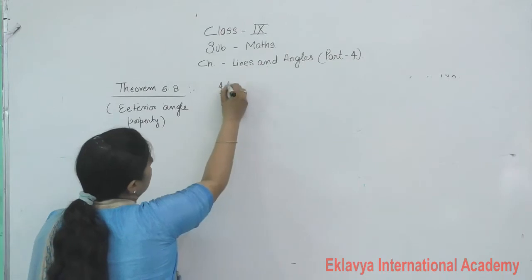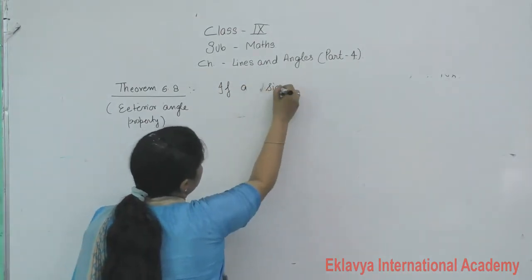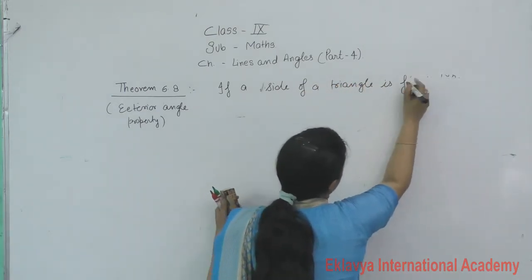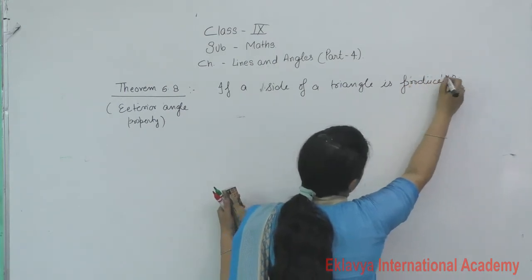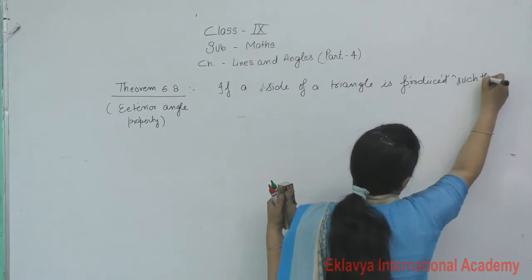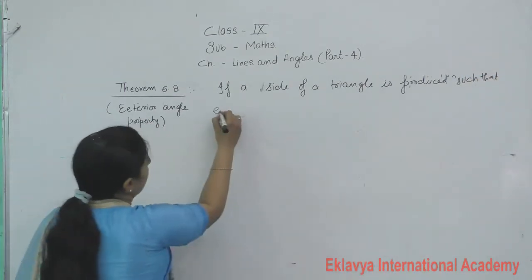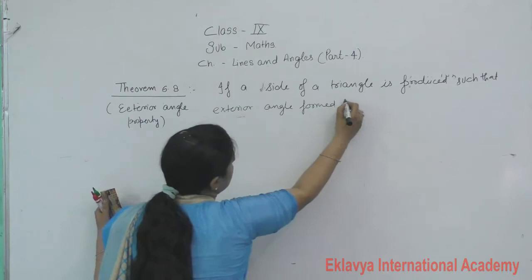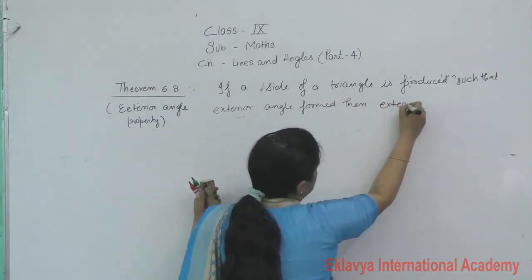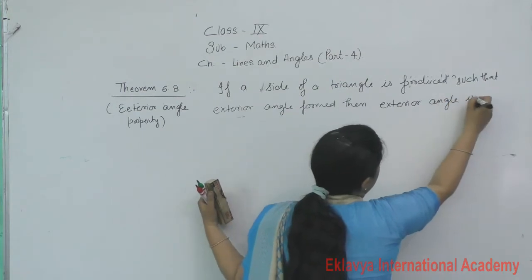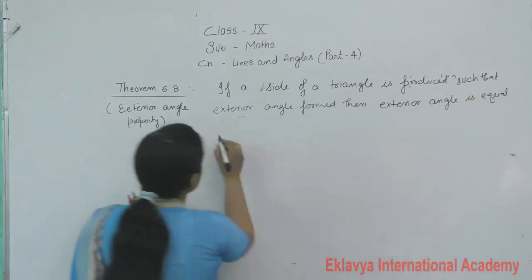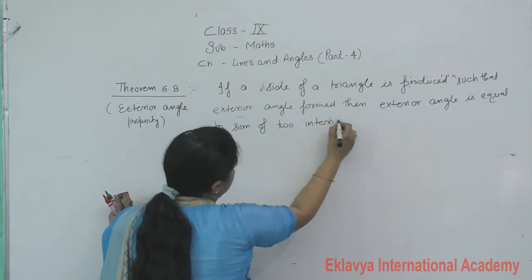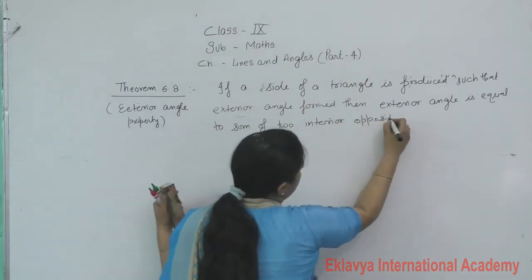Statement: if a side of a triangle is produced such that an exterior angle is formed, then the exterior angle is equal to the sum of the two interior opposite angles.